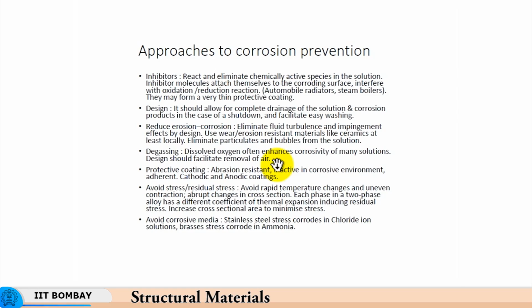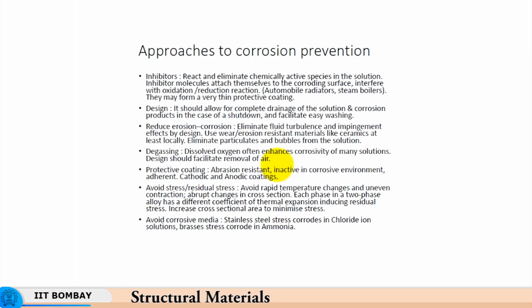Now you can provide a relatively hard surface in the region where impingement takes place, so that it is a wear resistant and corrosion resistant surface, and that will take care of the erosion part of it. So it will not get eroded, and it will also not get corroded.